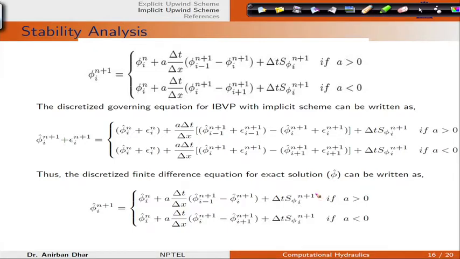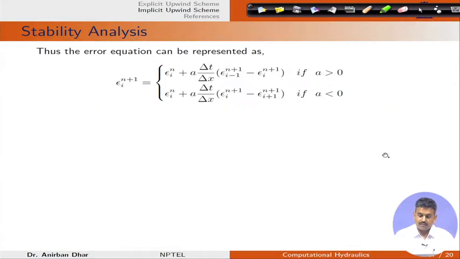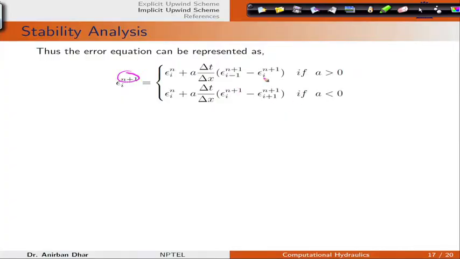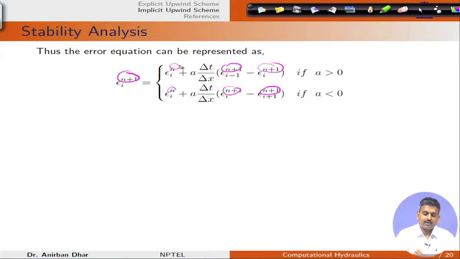In this case we get the equation in terms of errors: epsilon I n plus 1 and epsilon I minus 1 n plus 1, all these are at n plus 1 levels, only the first term is at the nth level.